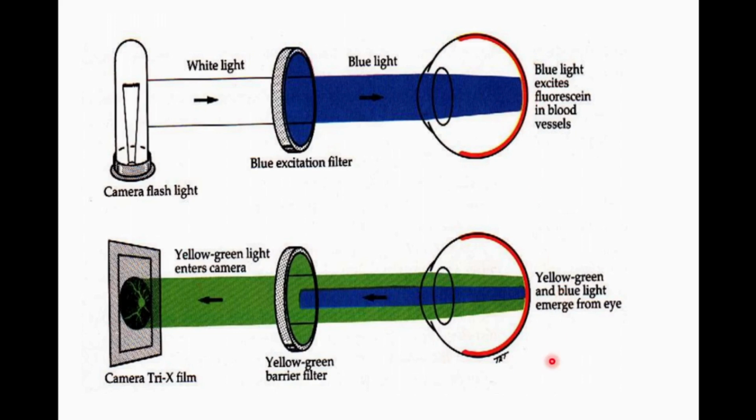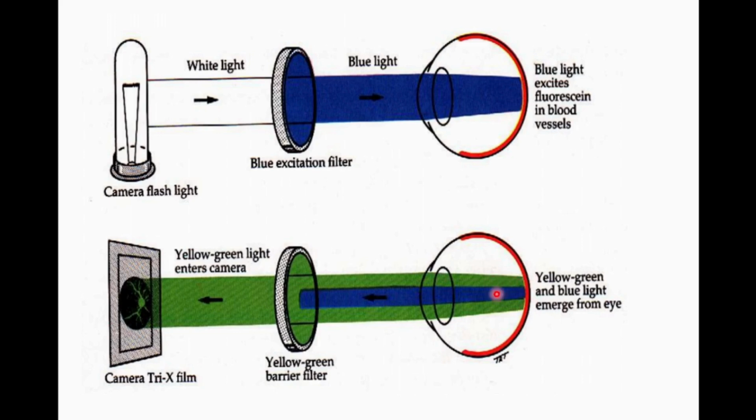Because of the excitation, the blue light is converted to yellow-green light. Wherever there is no fluorescent dye, the blue light will be emitted as blue light. But wherever the dye is there, it will be excited and converted into yellow-green light.